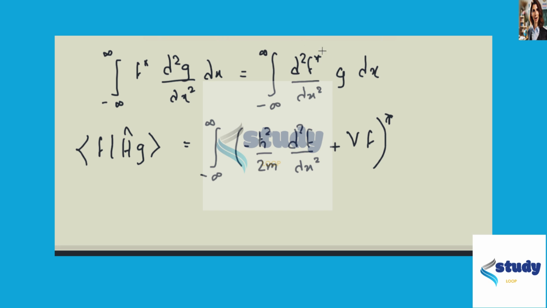We are just substituting back into the original expression and putting the star outside. We have assumed that V is real, so f star V g is (V f) whole star g. If V is real, then this equals H cap f inner product g. So this proves that the Hamiltonian operator is also Hermitian.